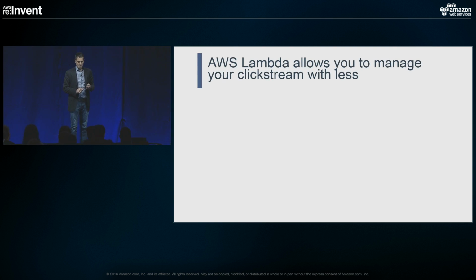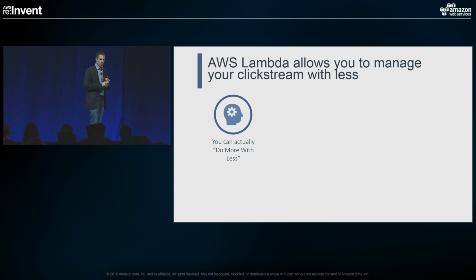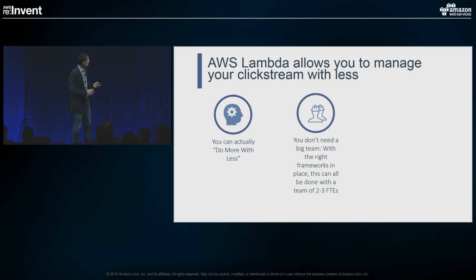So finally, I think the Lambda in 2016 has really helped us do a lot more with less in our clickstream. We've really, what I think has optimized our clickstream from 2015 to 2016. You can do things with a lot less of a team.